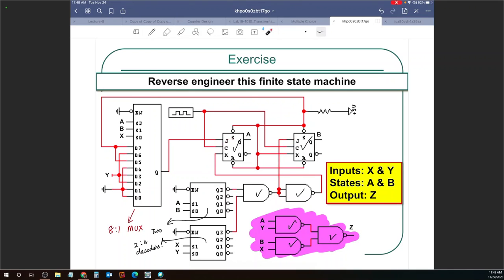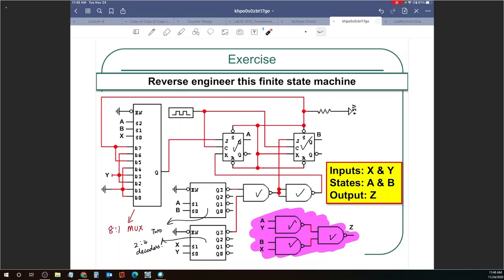Now once I get to that stage, I'm going to use the characteristic equation of the two JK flip-flops to write the expressions for A plus and B plus. The last step would be to write an expression for Z, and that particular combinational circuit will give me that. So it's going to be step by step.